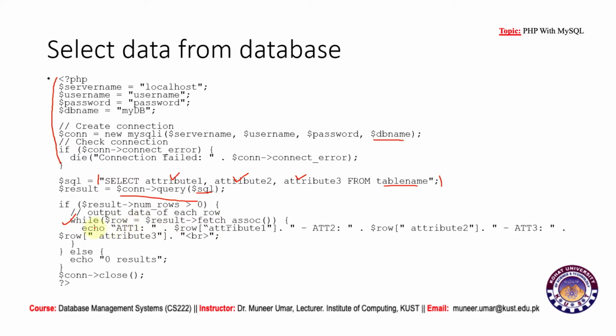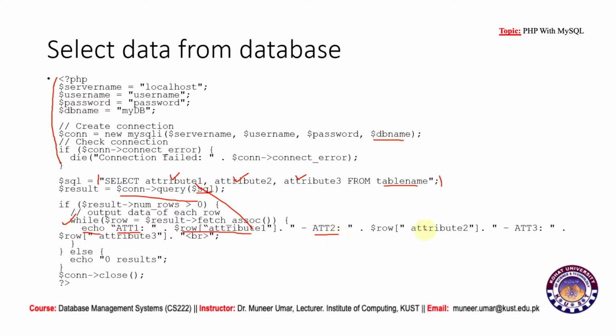Now here we have to display the contents, so I am giving a word, let's say ATT1. It can be anything according to the attribute name and according to our needs, and then the content of row 1 attribute 1 according to this attribute, and then again we will give something to display.